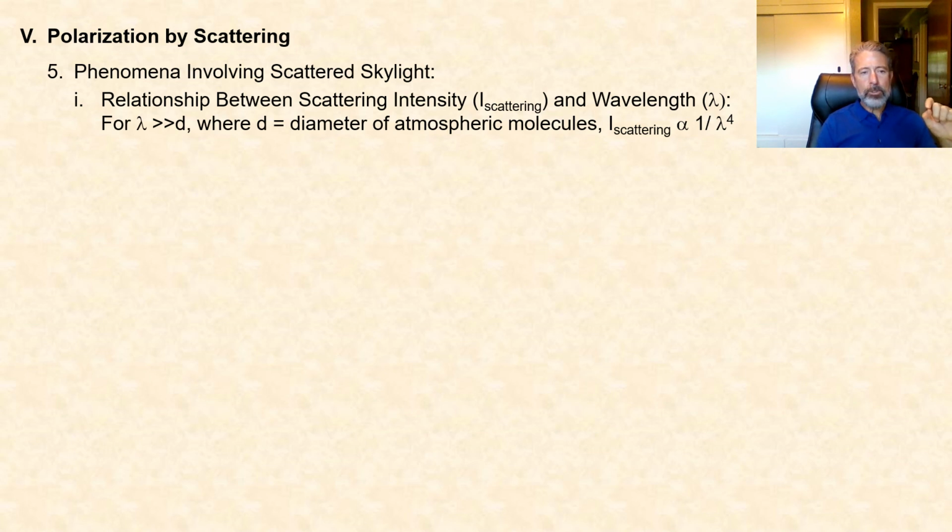But it turns out when the wavelength of the light is much, much greater than the dimensions of the atmospheric molecules that are causing the scattering, the intensity of the scattered light is inversely proportional to the wavelength to the fourth power.